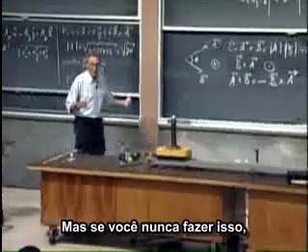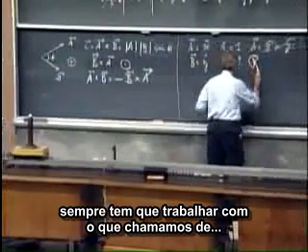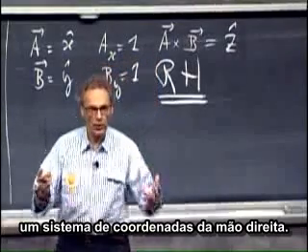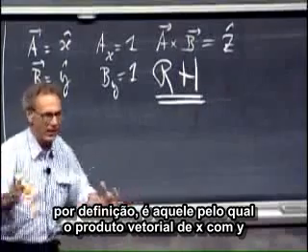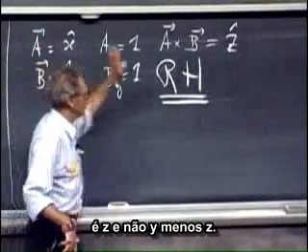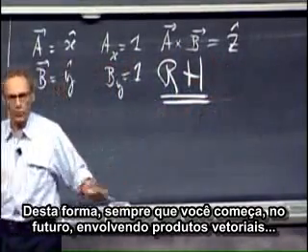But if you ever do that, I will kill you. You will always have to work with what we call a right-handed coordinate system. And a right-handed coordinate system, by definition, is one whereby the cross product of x with y is z, and not minus z.